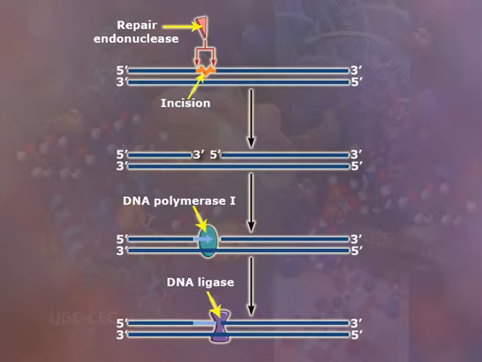However, a single cut can adequately initiate the repair sequence. As shown in the figure, there is a 5' phosphate group on the side of the cut containing the dimer and a 3' hydroxyl group on the other side.